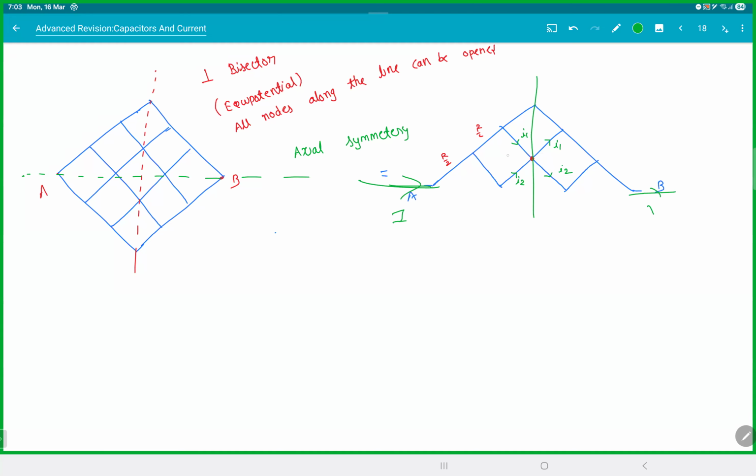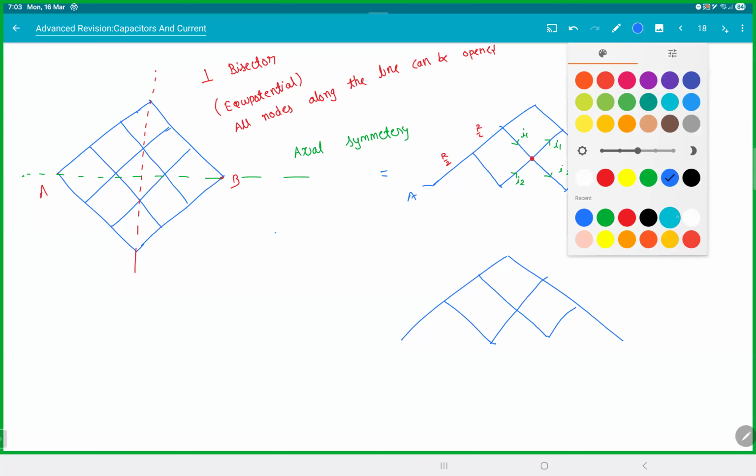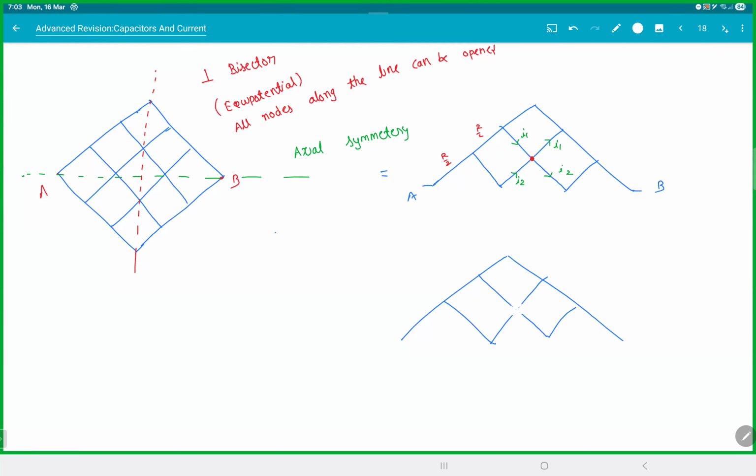So whatever happens on this side, the same thing should happen here in reverse. So I1 is coming and going like this, I2 is coming and going like this. That means that node is actually useless. So your new circuit becomes this, and you can just remove this node in the middle.